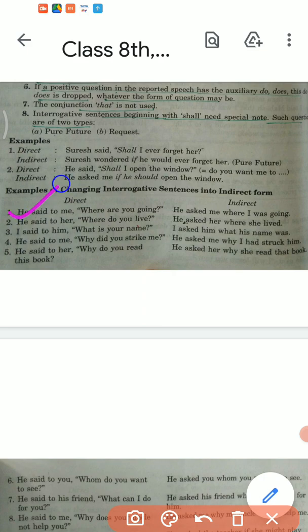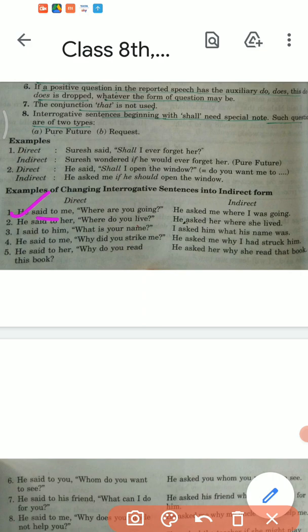He said to me, where are you going? Here you can see this reported speech starting with the WH word. So here you have to write, he said to me, where are you going? Said to will change into asked. He asked me, we will not put any kind of if or whether in place of the inverted comma.